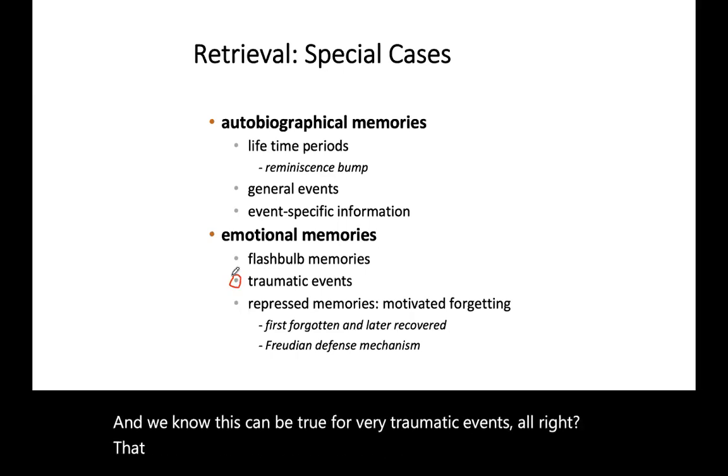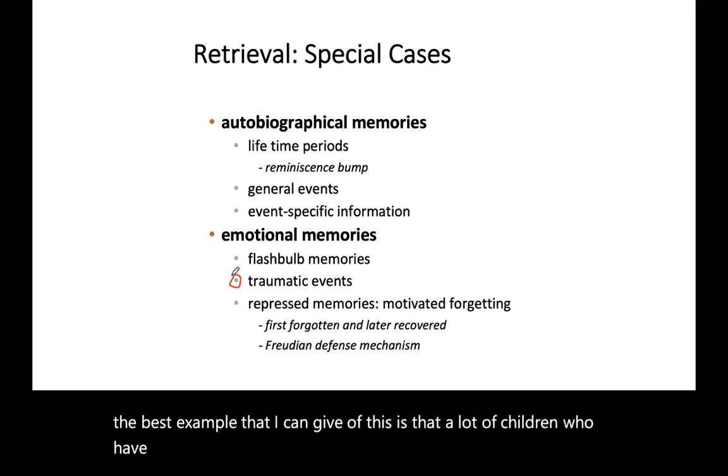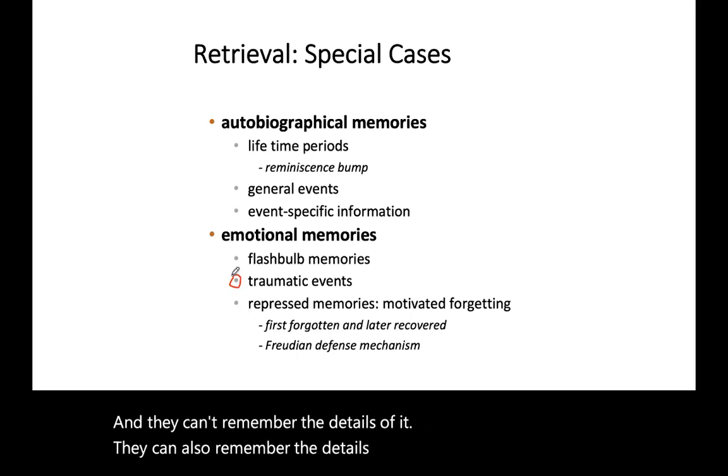That trauma can play a role in a person's experience. And so probably the best example that I can give of this is that a lot of children who have been sexually abused can't remember the details of it. They can also remember the details of other things that were associated with that trauma.